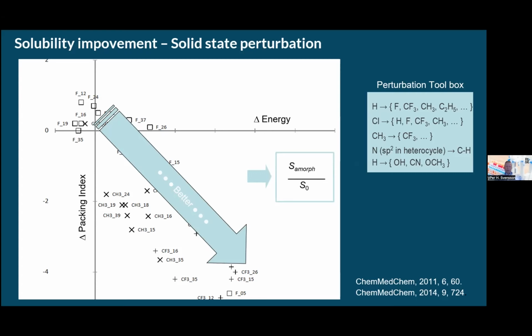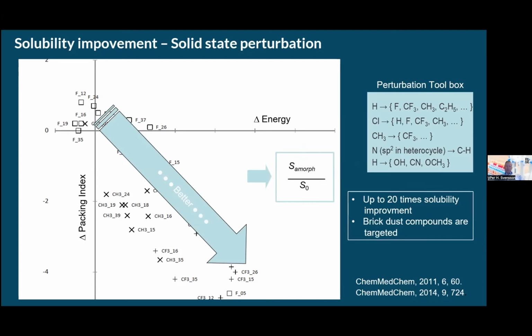One example of a perturbation could be exchange of hydrogen to fluorine. This approach is really aimed at so-called brick dust compounds, which have a high melting point. And in principle, you can achieve up to 20 and even more times improvement of the solubility with this method.